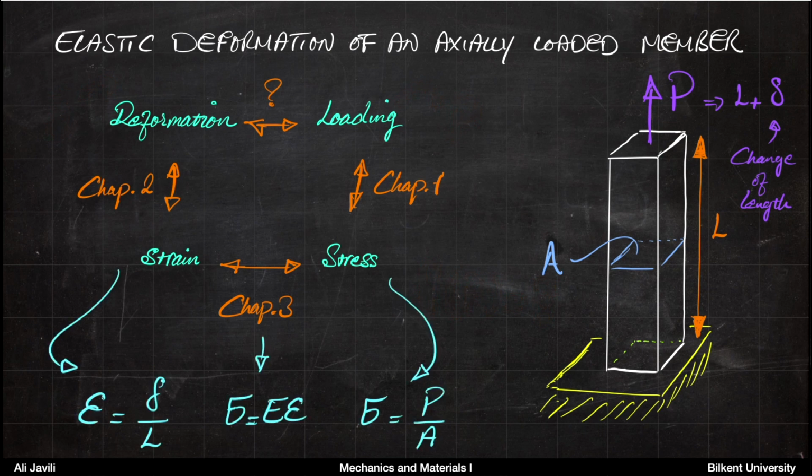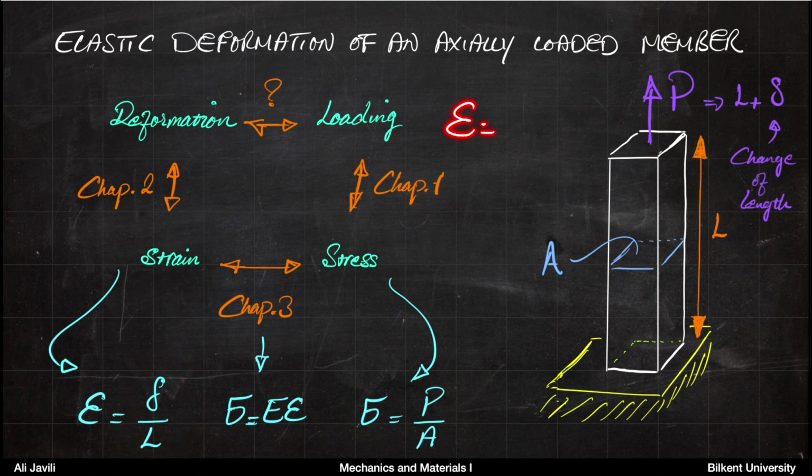For this particular picture, we calculated stress in chapter 1. The stress is normal stress now, and that would be P divided by area. We have strain from what we learned in chapter 2.